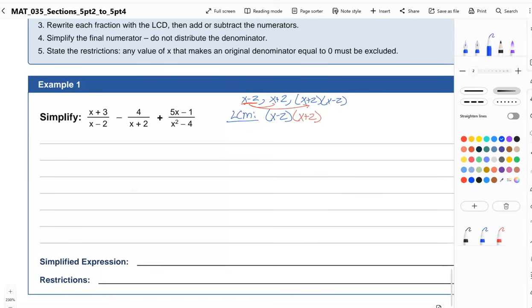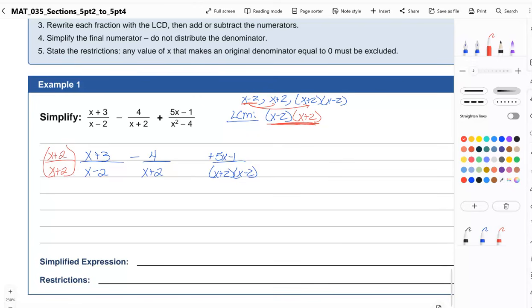So I'm going to recopy my problem here, leaving some space. And I'm going to ask that first fraction, the denominator is x minus 2. So what is it missing from that least common multiple? It's missing the x plus 2. So I'm going to multiply by x plus 2, but what I do to the bottom, I've got to do to the top.